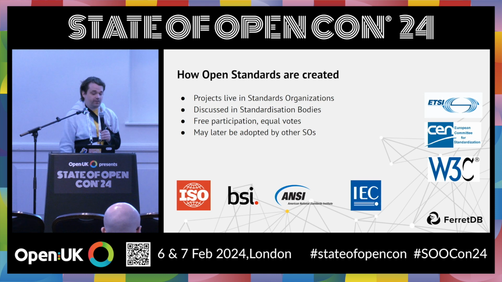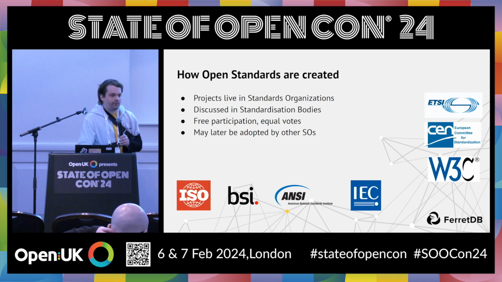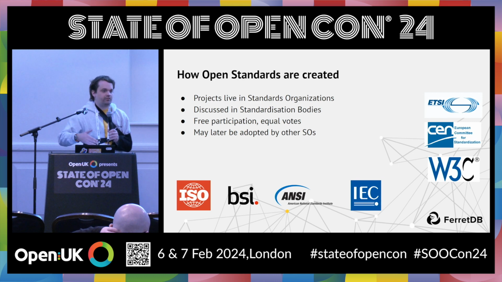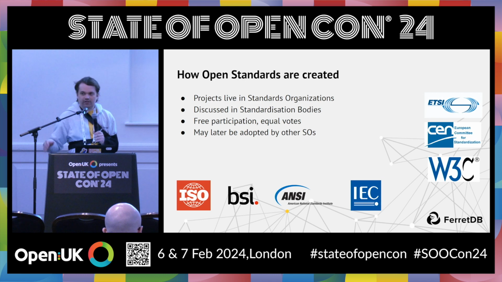There are standards organizations housing standardization bodies, and these standardization bodies consist of industry experts, so those who are the closest to the technology itself needing standardization. They have equal votes, so the original author is not able to dominate the discussion and say, no, the standard is going to look like how our business would want it to look like.